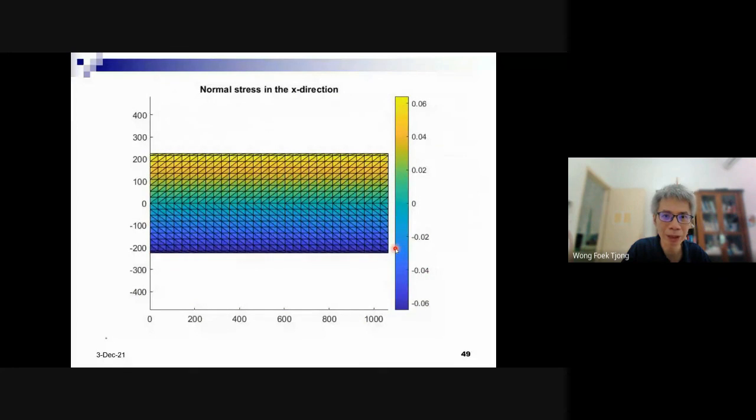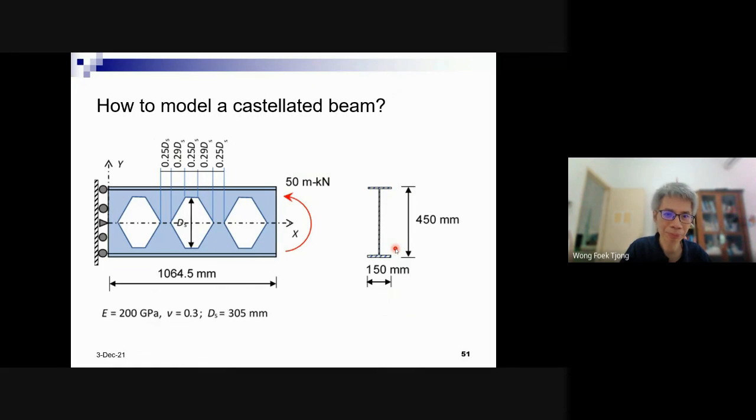The problem is, how about castellated beam? You know castellated beam? Like this. For castellated beam, there is no exact solution. Actually, there is no exact solution for calculating the deflection, stress.